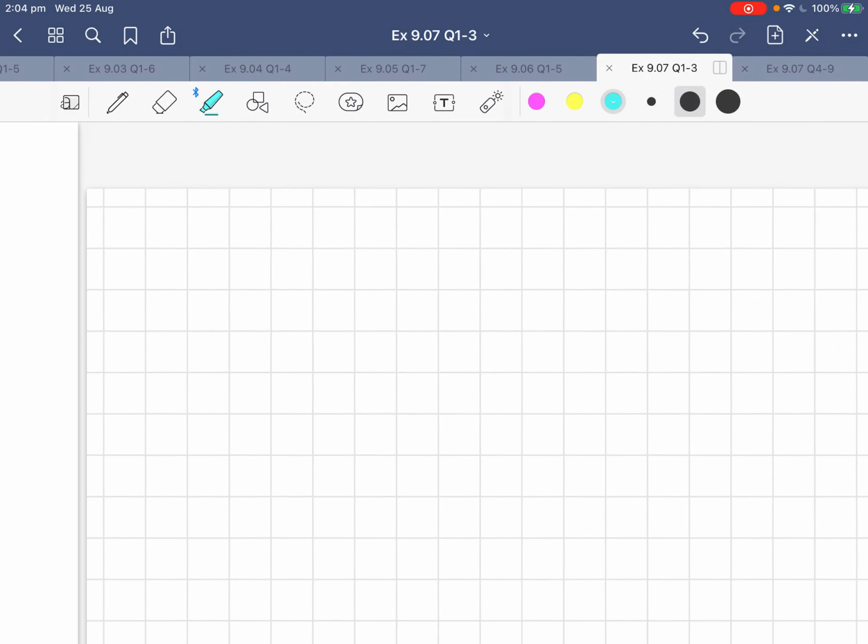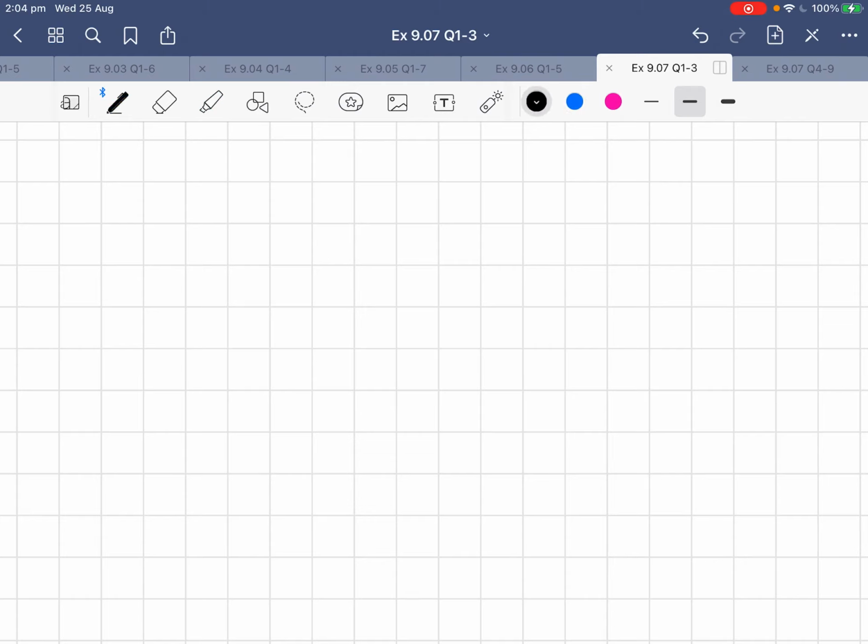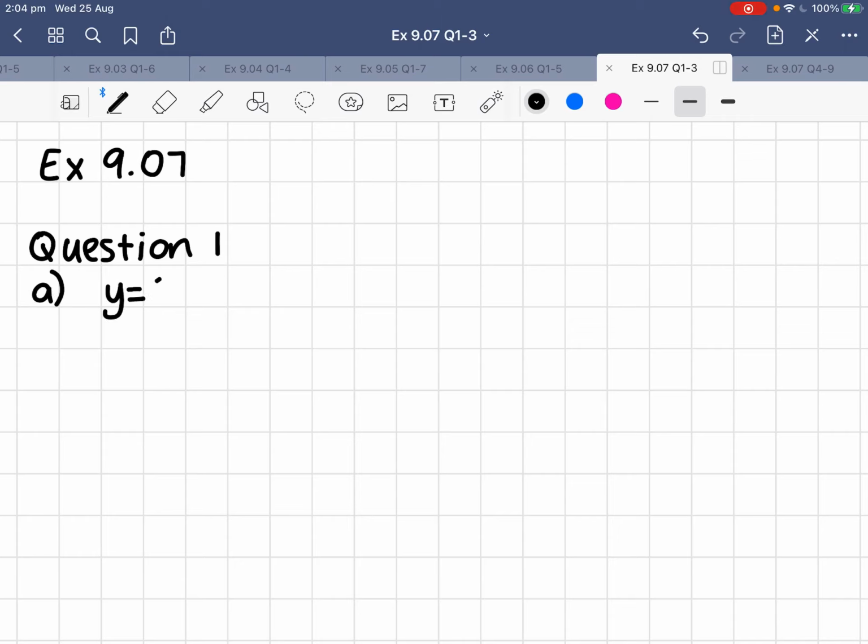So how we would write this is, if I just go to a new page, remember we should always start the top of our exercises as exercise 907, and we're doing question 1a. So I would write out y equals 2x plus 3, which is our equation.